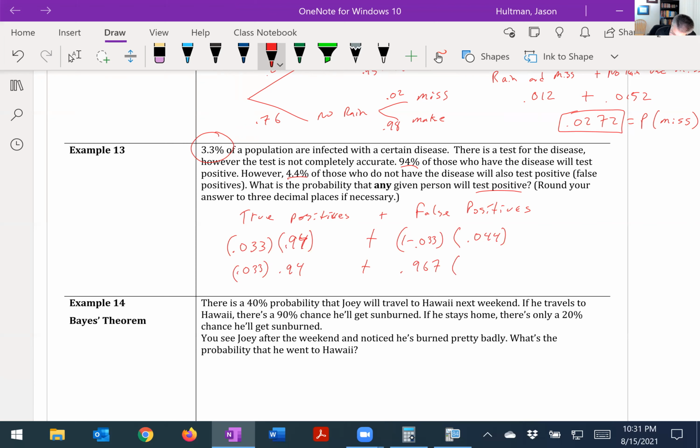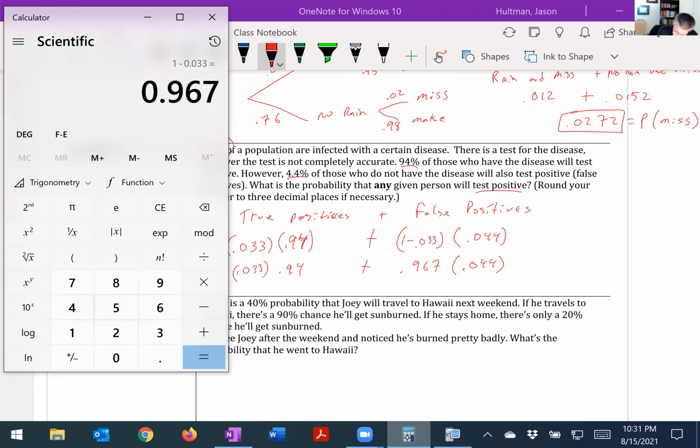So now let's put this into our calculator. 0.033 times 0.94 is 0.03102. I'm just going to add everything together and round at the end, plus 0.967 times 0.044, which is about 0.074.